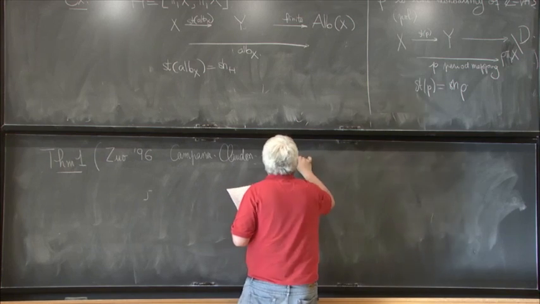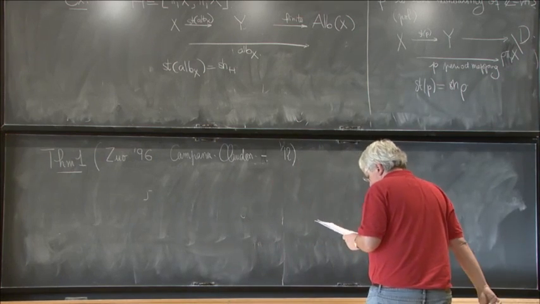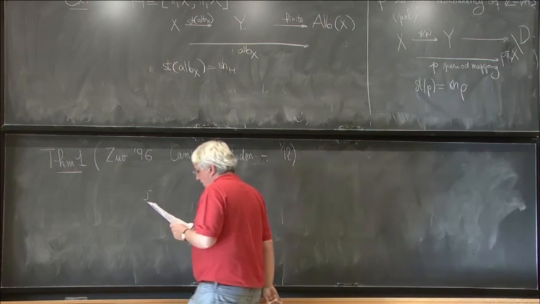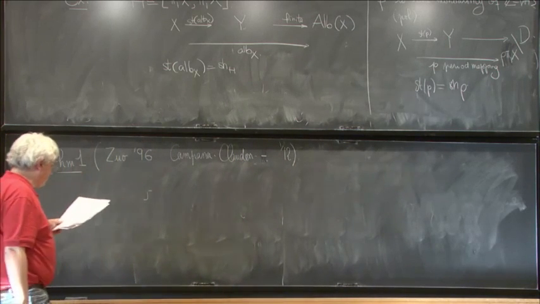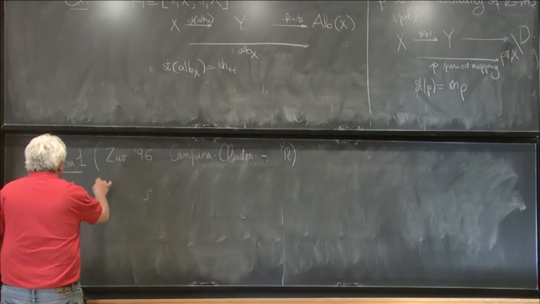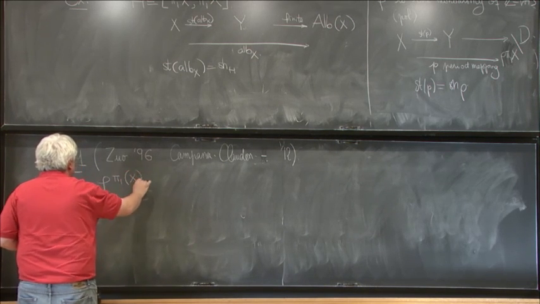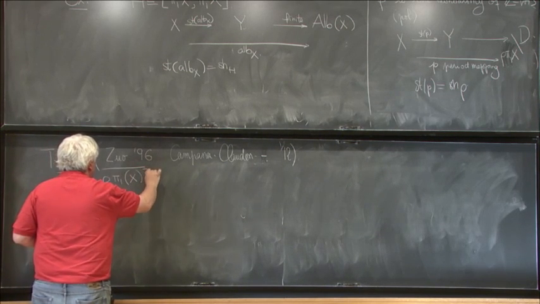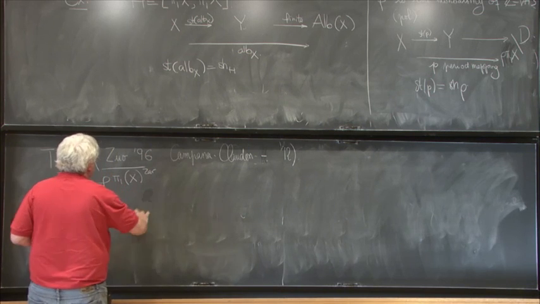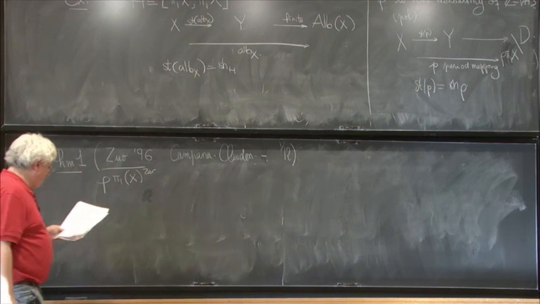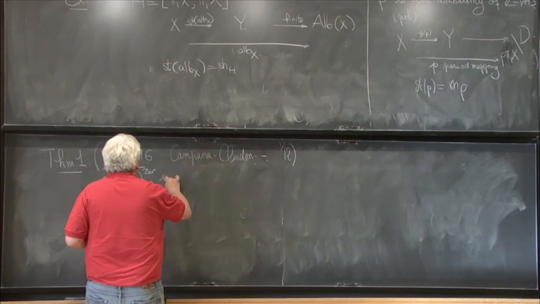It was posted two years ago. X is a compact Kähler manifold, ρ is a representation, and we assume that the Zariski closure in GL_N(C) of the monodromy group is semi-simple.